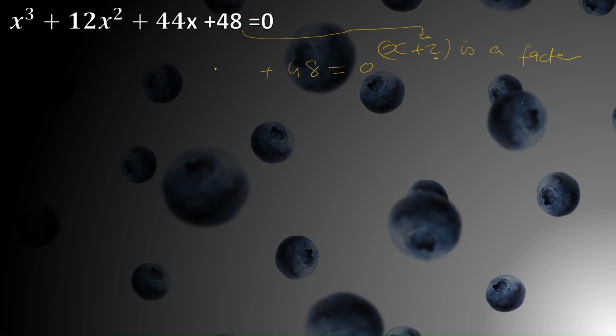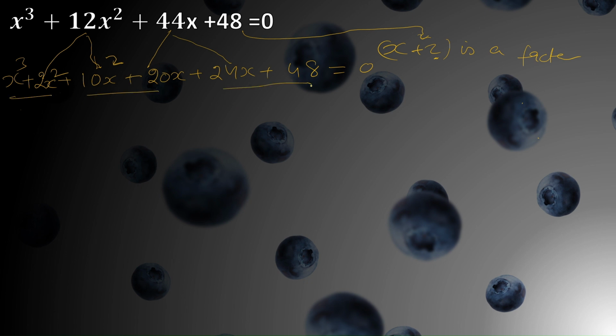So we have to break this 44 into 24x plus 20x, and then this 12 can be broken down into 10x square plus 2x square, and this x cube. So 12 is broken into 2 and 10, and this 44 is broken into 20 and 24. We have done the splitting, and now just make pairs.